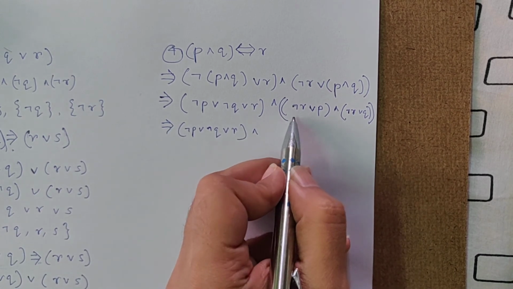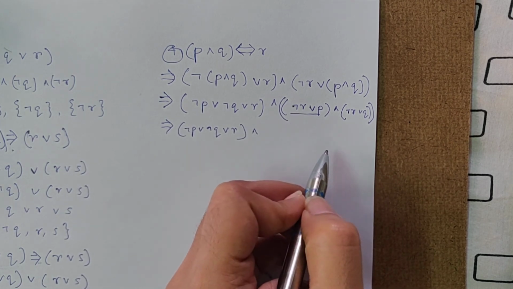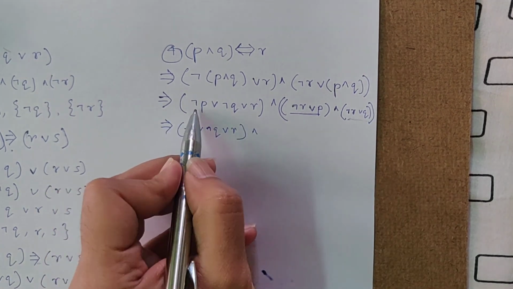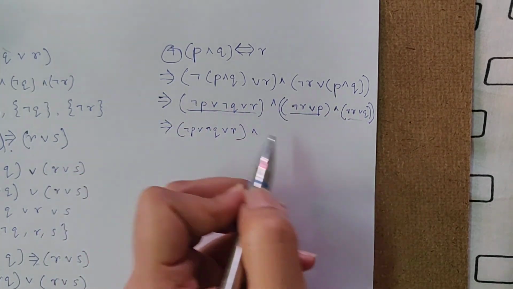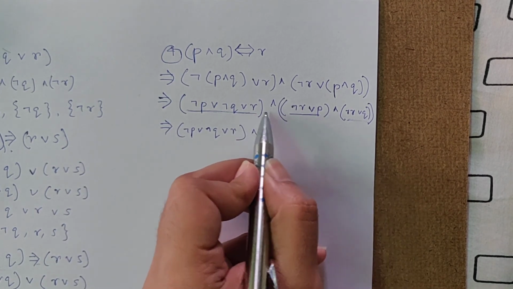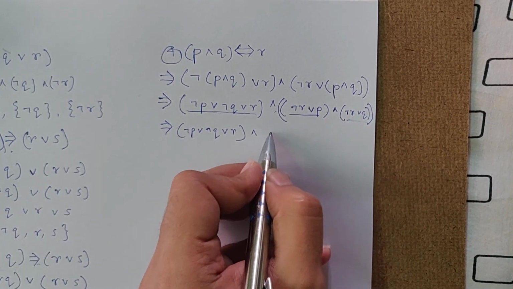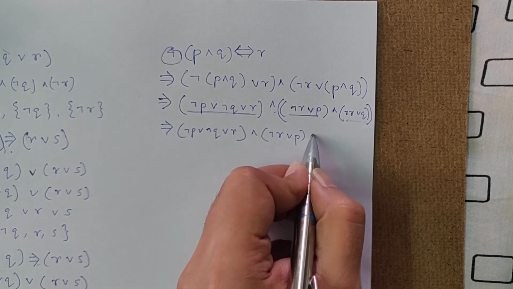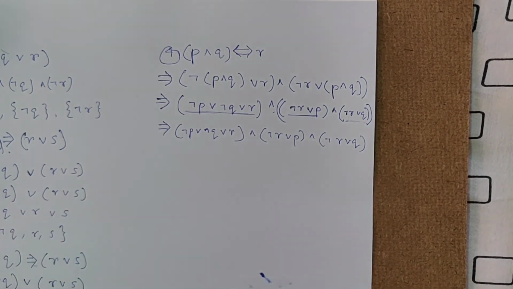And is this a valid clausal sentence? Yes. Is this a valid clausal sentence? Yes. Is this a valid clausal sentence? Yes. So is this entire thing a conjunction of valid clausal sentences? This thing and this thing, it is a series of ANDs, so I can open up these brackets like this.